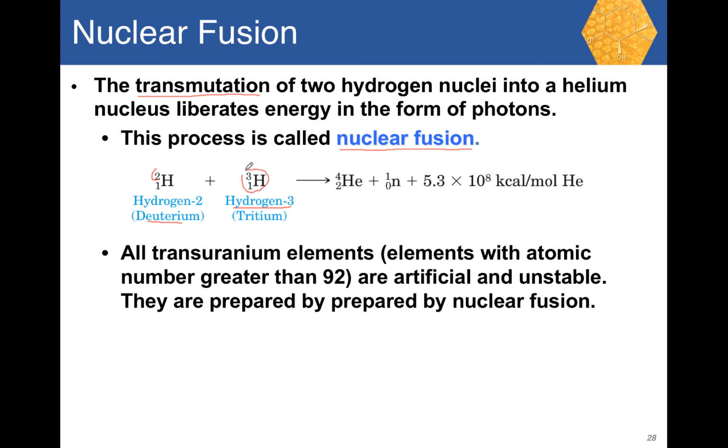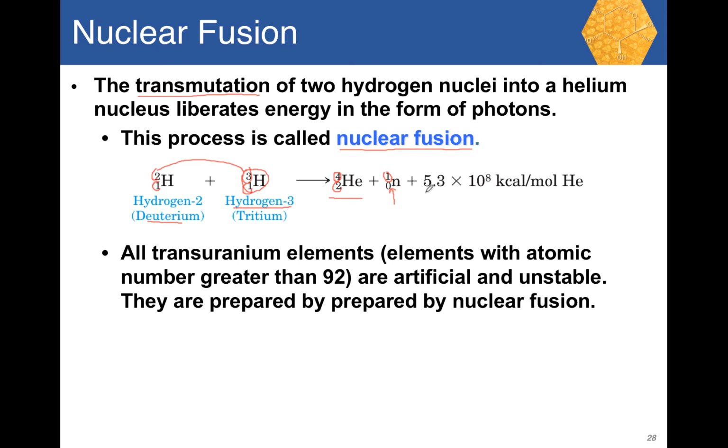You put these together and get them to react, as you can imagine, 3 and 2 here. And what happens is it gives helium here. Notice this is 4 and this is 1. So that adds up to 5. This is 1 and 1. That adds up to 2 because this number is 0. That's a neutron.